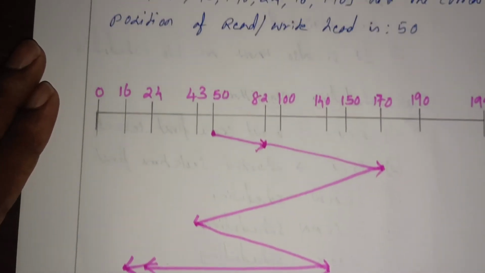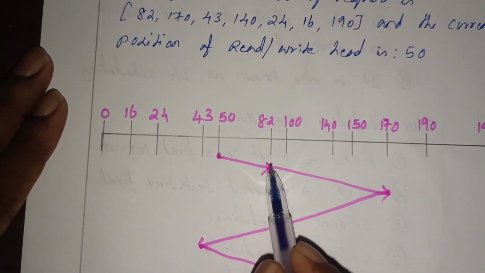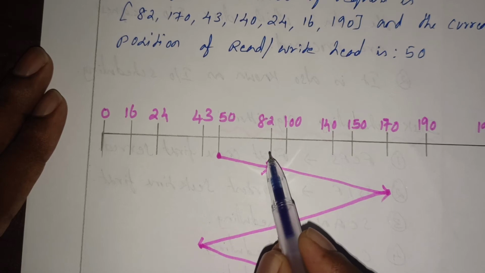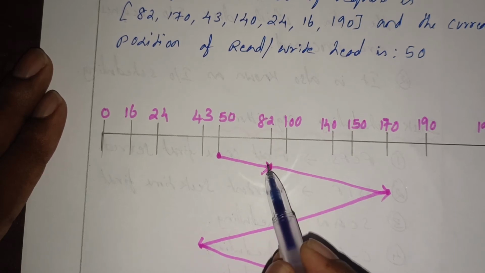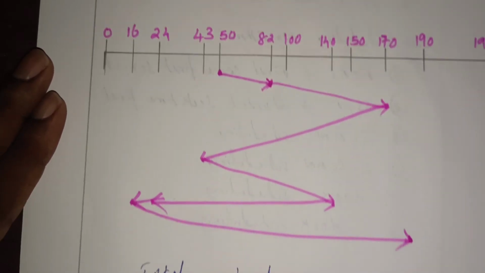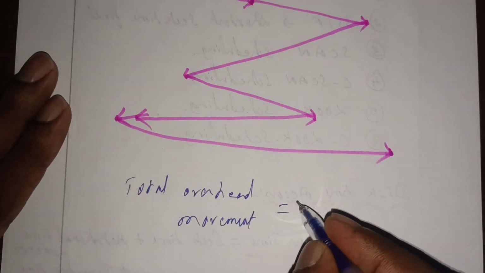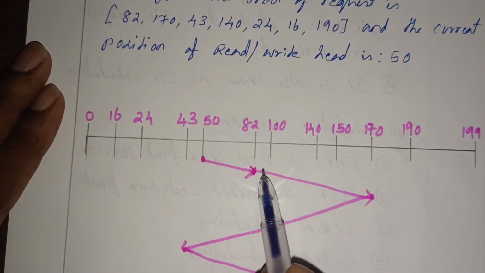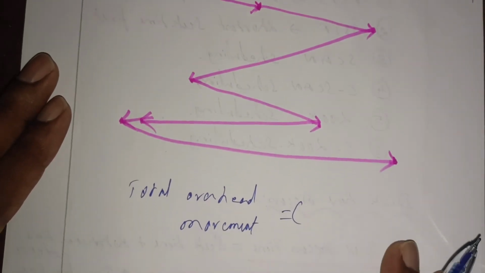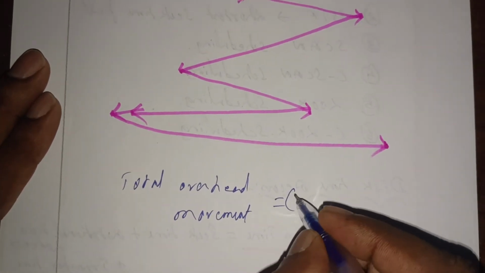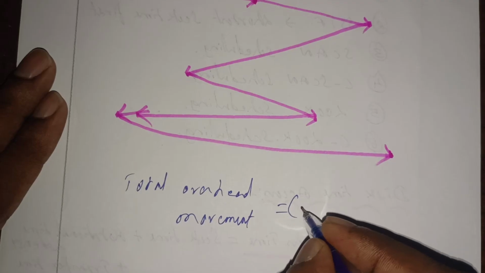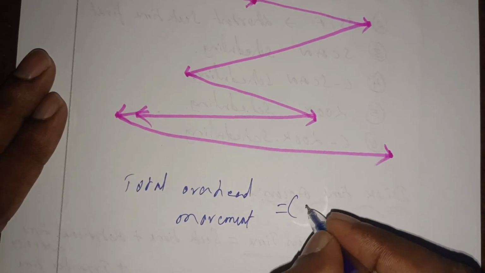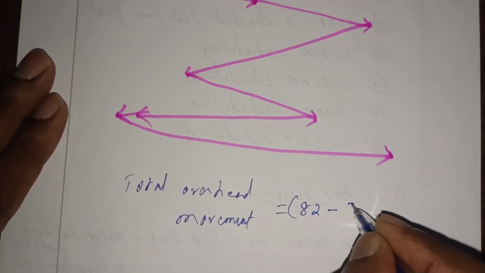See, I am going to take this 50 and 82. I am always taking the biggest number and subtracting the smallest number from it. So here we can see the first head position, you can check it, from 50 to 82. I am going to reverse this so that the answer does not come in minus. So 82 minus 50.